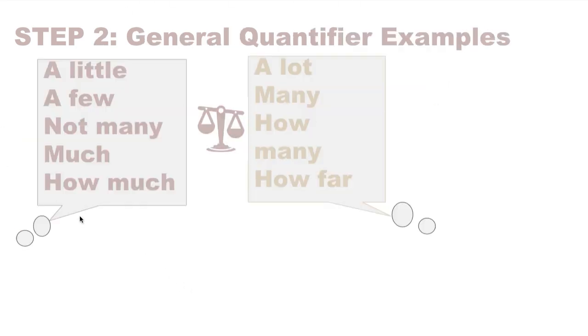I want to take it a step further and speak about general quantifier examples you can apply to your vocabulary to communicate in generally quantifiable terms, okay, using countable versus uncountable nouns. And so here I have a scale, and you can see that it's tipped more towards the right.